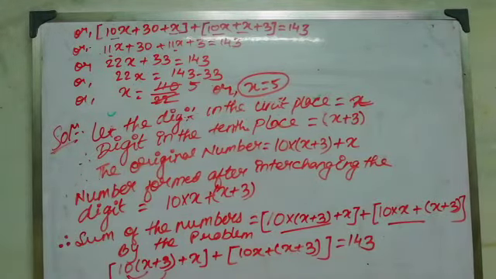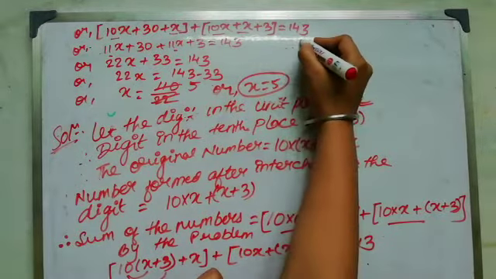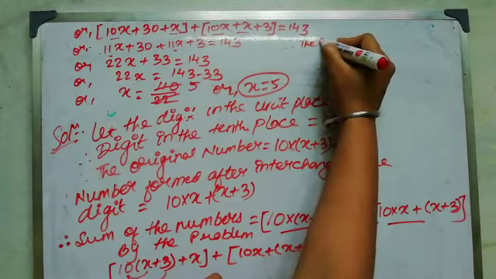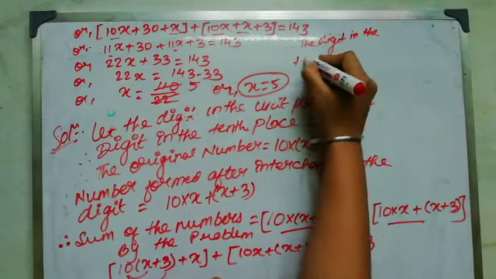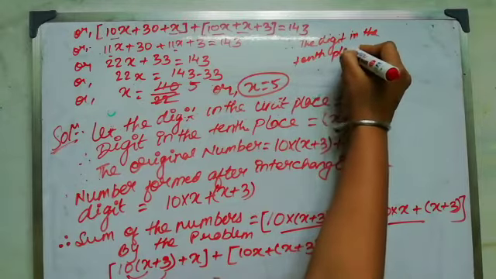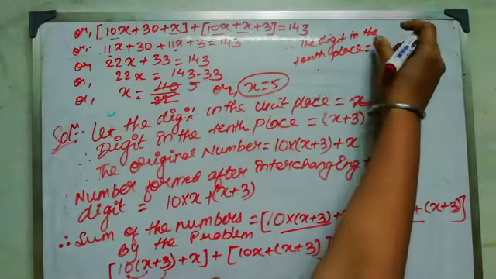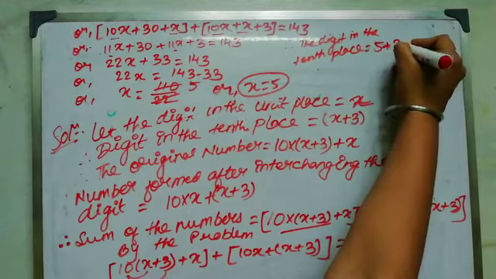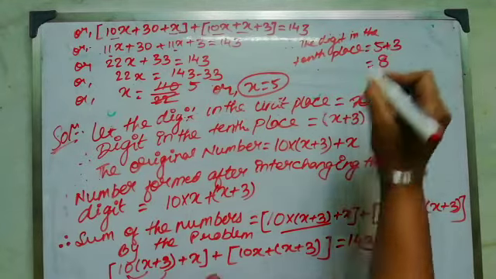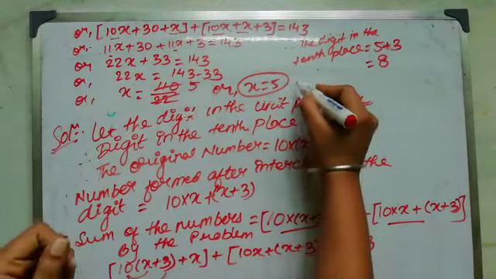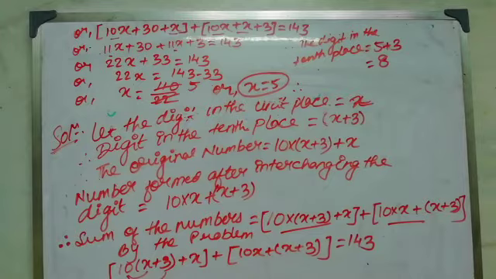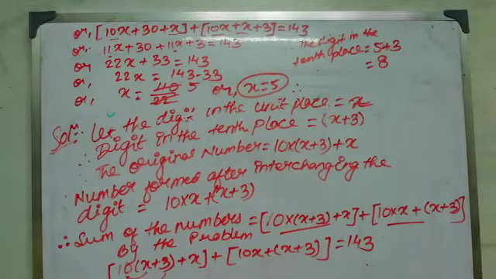Now, what will be my digit in the tens place then? Therefore, the digit in the tens place is equal to 5 plus 3, which is 8. Any confusion here? Fine. Therefore, if you remember, my question was asking me to find the original number.